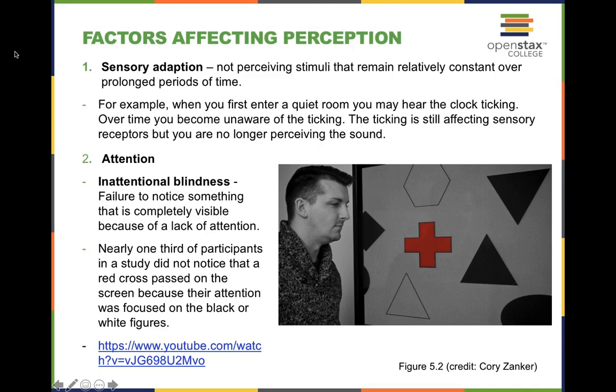Whenever you first enter into a quiet classroom, you may initially notice the ticking of a clock, but over time, your brain deems it as unimportant. So it filters it out and you don't even notice. Same as whenever you have a loud AC unit, you can hear it initially, but eventually your brain just ignores it.